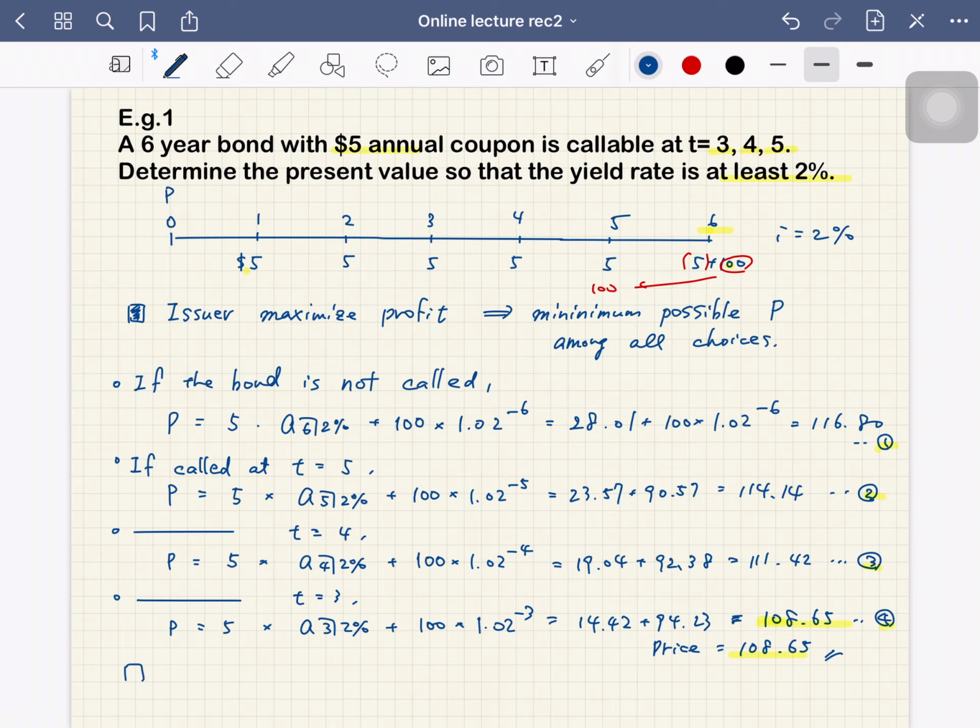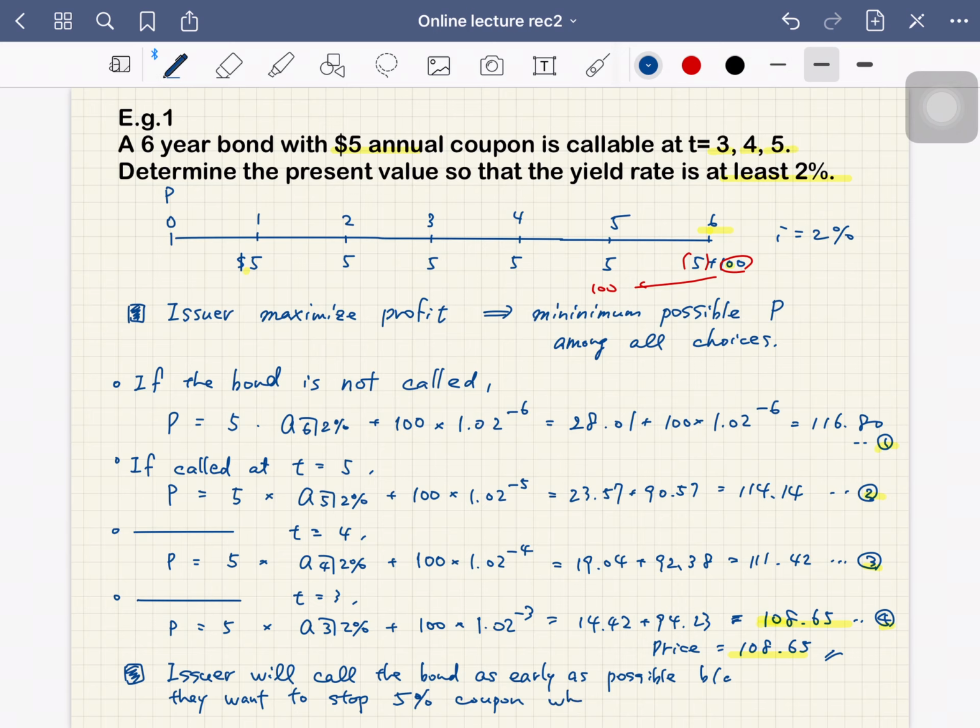So just I want to mention that the issuer will call the bond as early as possible, because they want to stop the 5% coupon when the yield rate is only 2%.